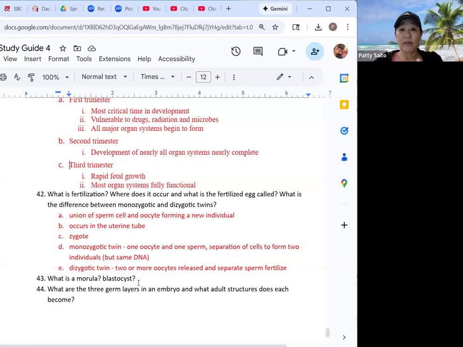Again, a zygote, one fertilized egg, but now it's dizygotic. It's two zygotes, which means two oocytes, two eggs released at the same time. That can happen, and two separate sperm. And so we get two individuals that happen to be conceived at the same time, but they are actually different in terms of their genetic makeup.